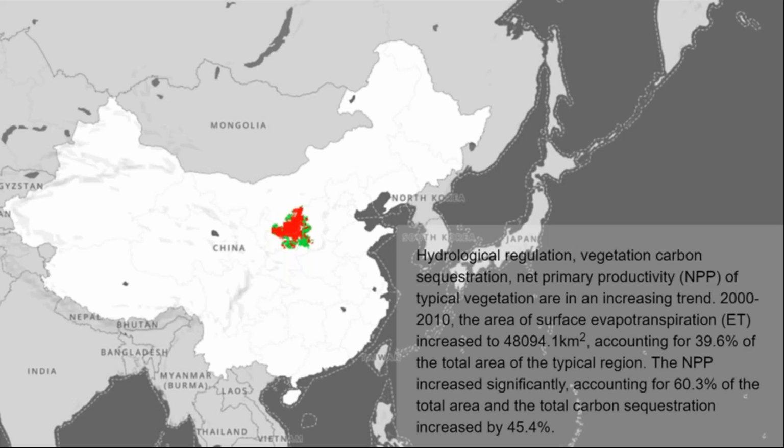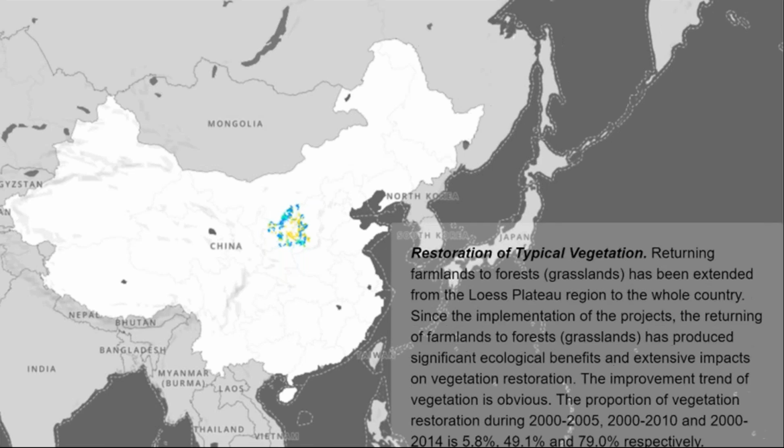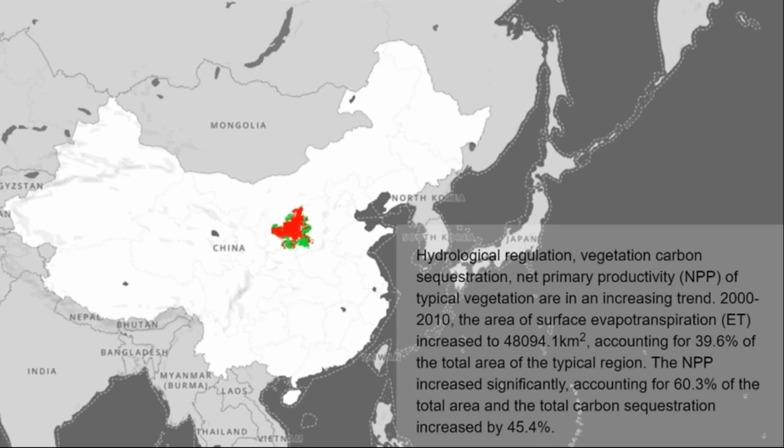Restoring vegetation in China's Loess Plateau results in significant increase in the ecosystem services of hydrological regulation, carbon sequestration, net primary productivity of typical vegetation.